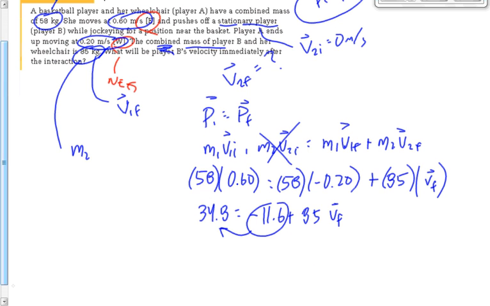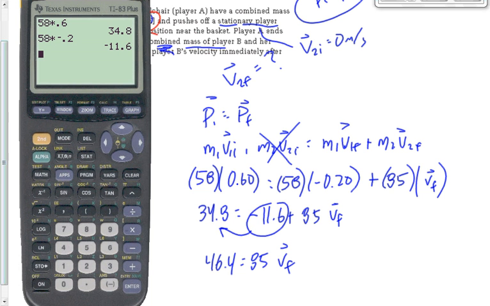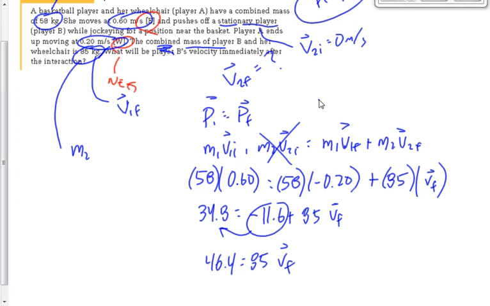What is that going to give me? 46.4. And we're going to say 46.4 divided by 85 gives me 0.545, 0.55.